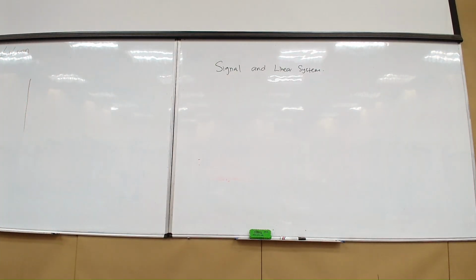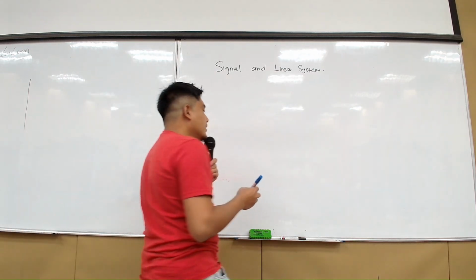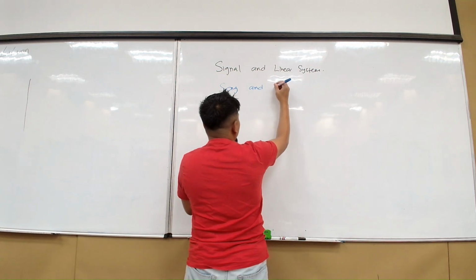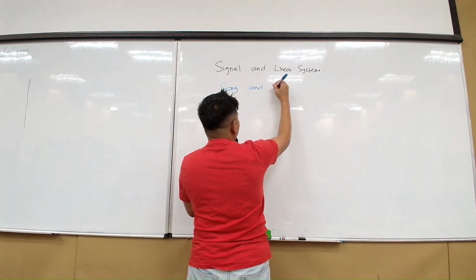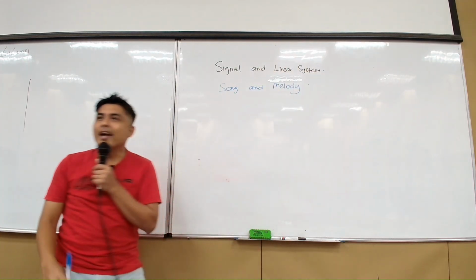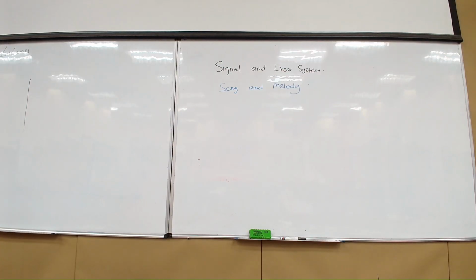If I can make some analogy, it's like a song and melody. So it means that the signal cannot be working by itself without a system. They are connecting to each other.